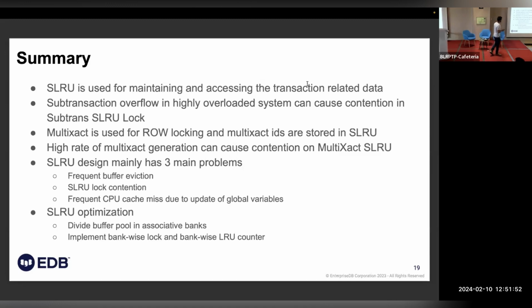In the SLRU design, we have mainly identified three problems: frequent buffer eviction, contention on the SLRU lock, and frequent CPU cache misses because of the common global variable getting modified. And for optimization, finally, we have selected to divide it into banks, like a partially associative cache, and also implement a per-cache-wise LRU counter and lock.